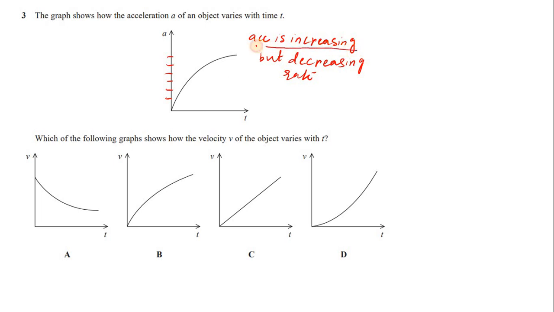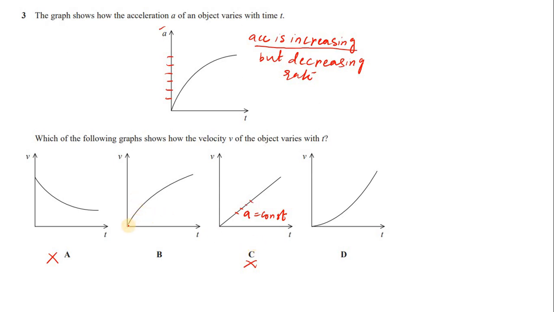That means we cannot have option A because velocity is decreasing. It is not possible. And we cannot have option C. Immediately you ignore A and C. The reason for C is that velocity is increasing, but at a constant rate. The acceleration for that graph must be constant. And we know that in our case acceleration is not constant, acceleration is increasing. So A and C cannot be our option.